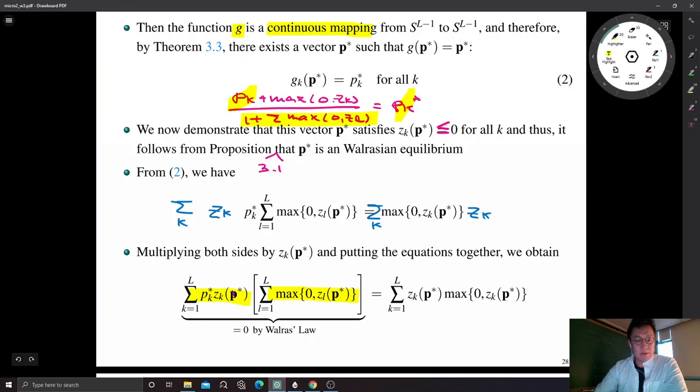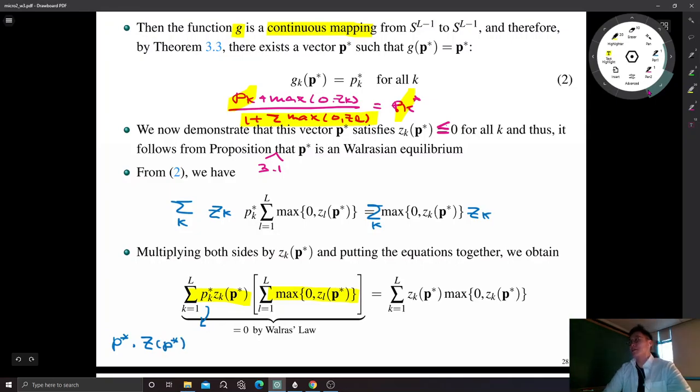The first summation is the summation of P sub k times Z sub k. That is a dot product between the price vector P star and the excess demand function. So this one is P star dot Z of P star.